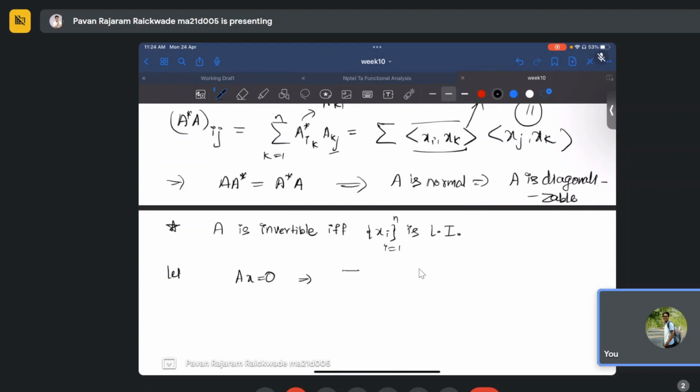Ax is the summation of xj aij, j going from 1 to n, the ith row times the column of x. This has to be 0 for all i, for each row.